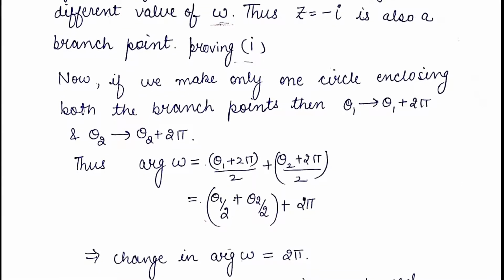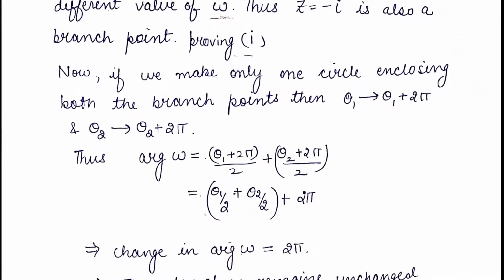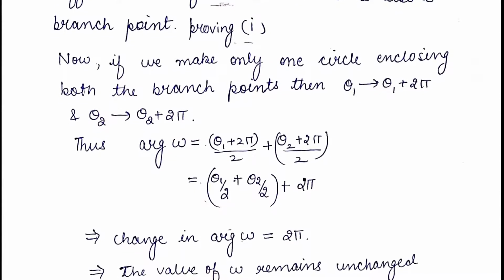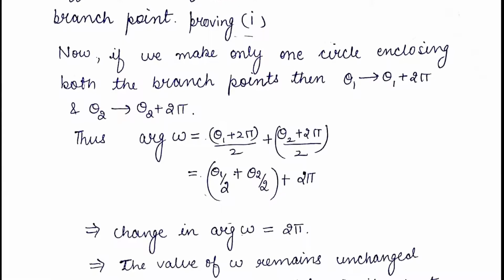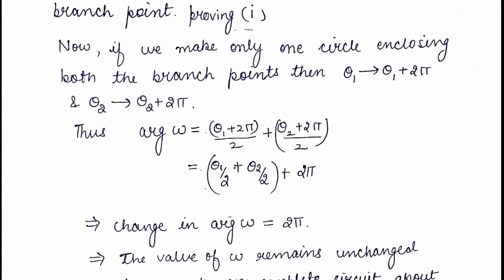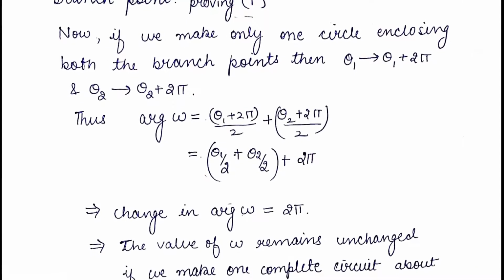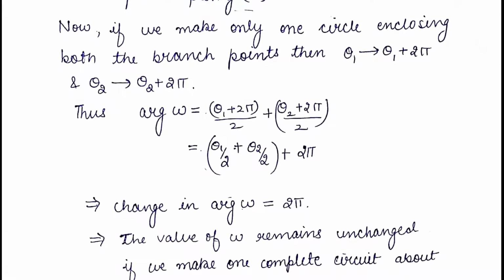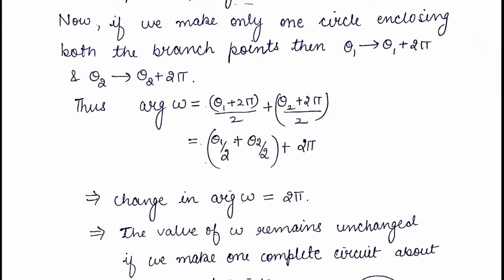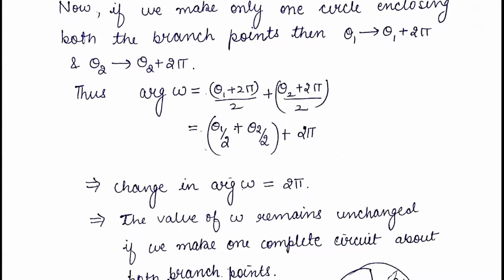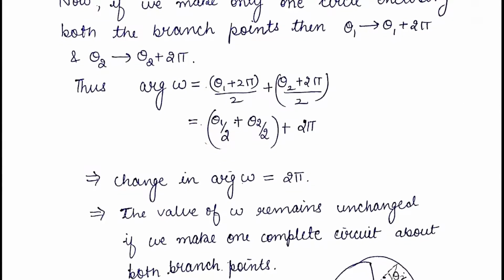Because when we enclose these two points z is equal to iota and z is equal to minus iota in one circuit only, then theta 1 will change to theta 1 plus 2 pi, theta 2 will change to theta 2 plus 2 pi. So the argument of w will change by 2 pi.